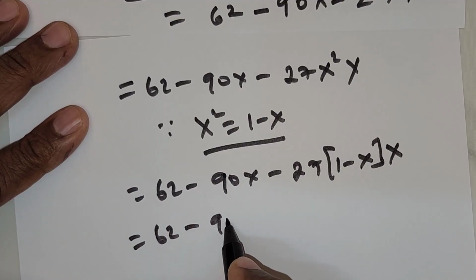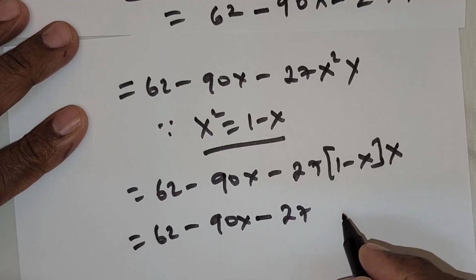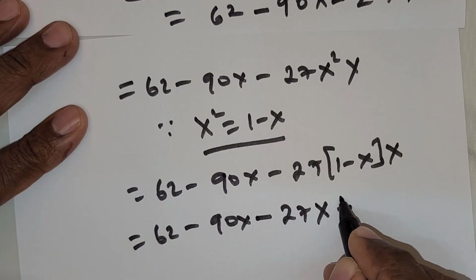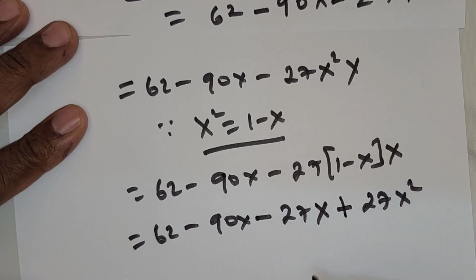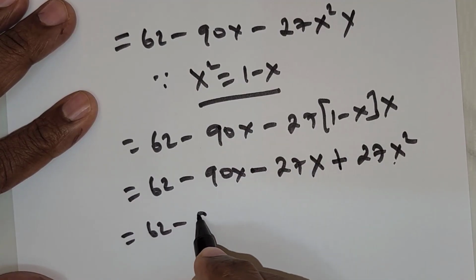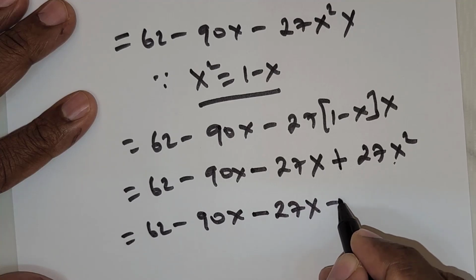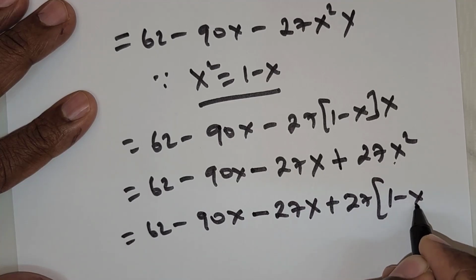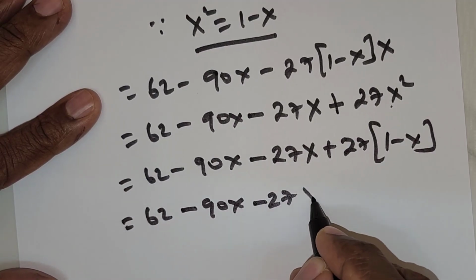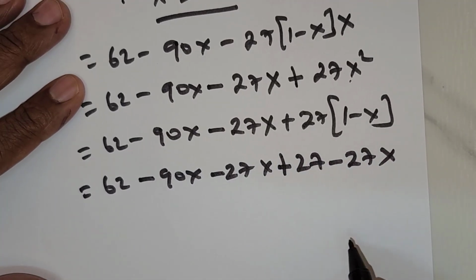This is 62 minus 90x minus 27x plus 27 times x squared. Again utilizing x squared is equal to 1 minus x, this is 62 minus 90x minus 27x plus 27 times (1 minus x), which is 62 minus 90x minus 27x plus 27 minus 27x.